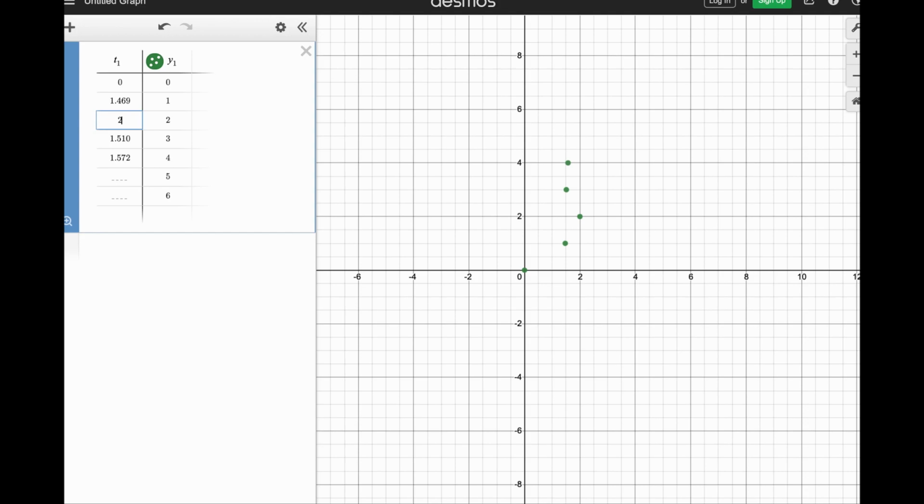So we'll have 2.874, and then add the 1.51 makes 4.384. And then add the 1.572 and you get 5.956. Alright, that looks pretty good.